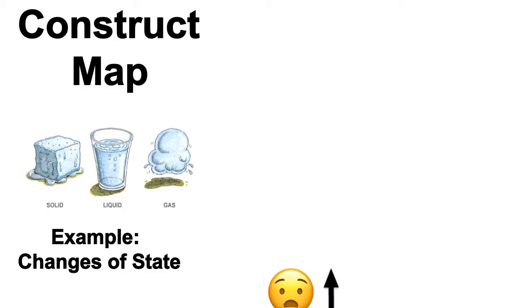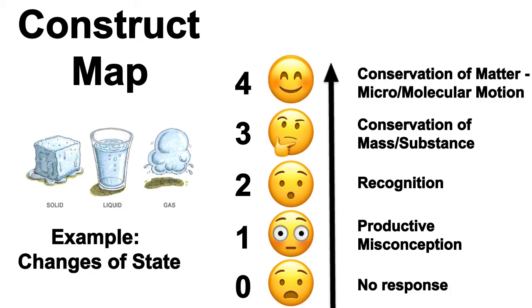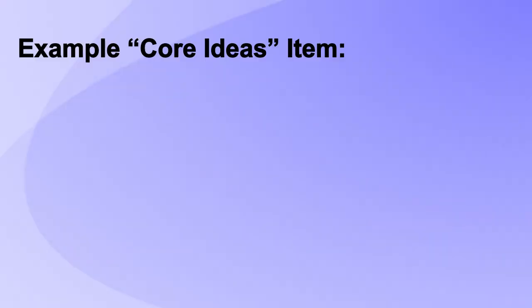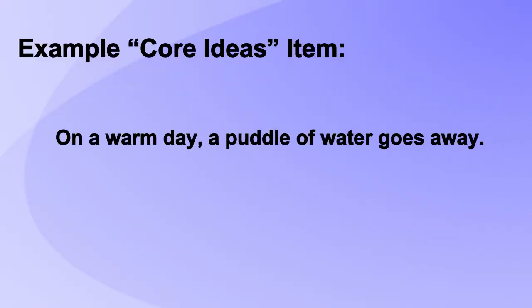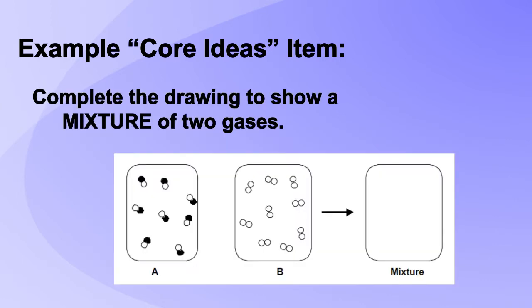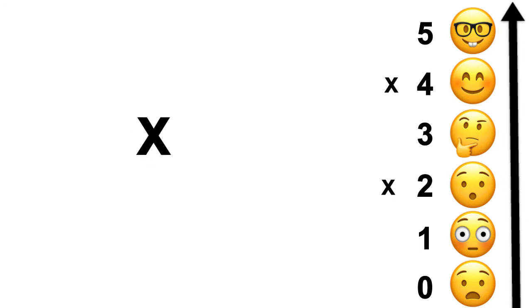The construct map is an explanation or theory about how students might learn. Items design. Items are things like multiple choice questions, open-ended questions, or even drawings. These are things we ask of students so that they can provide us answers. These answers provide empirical evidence of where the student is along the construct map.